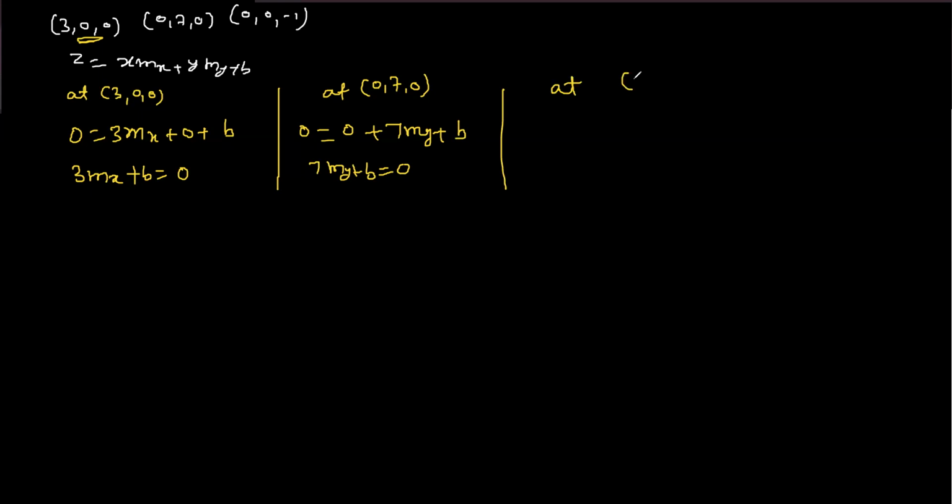Put the third point. So from here we get b is equal to -1, right?